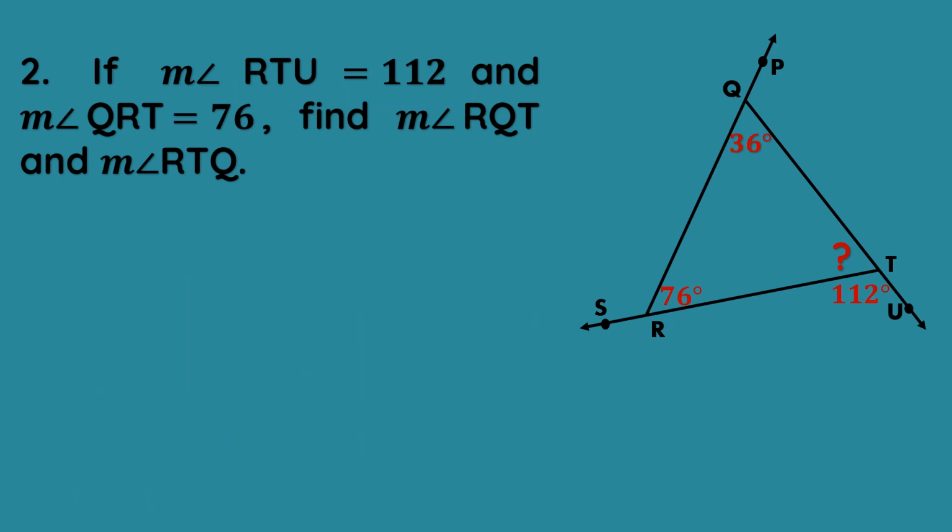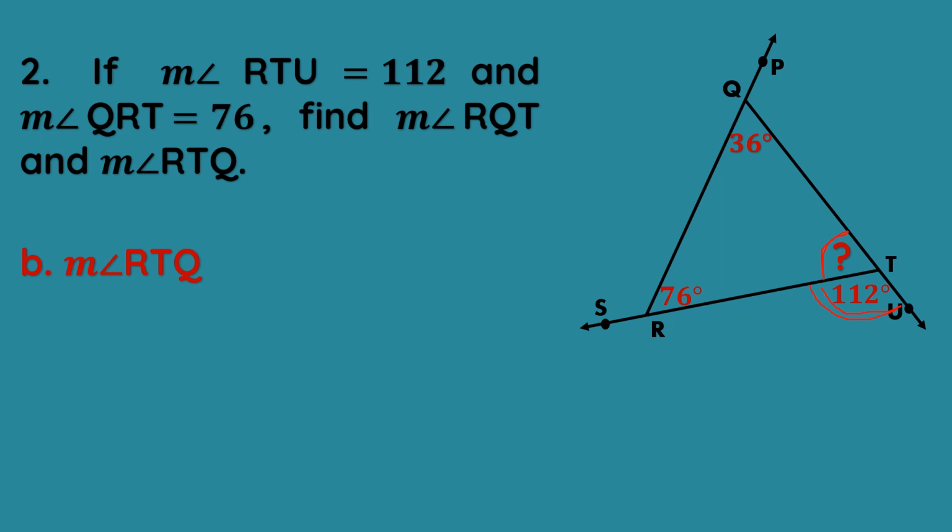We are now ready to solve for the measure of angle RTQ. Angle RTQ is an interior angle adjacent to the exterior angle, angle RTU. Angle RTQ and angle RTU form a linear pair. Since they form a linear pair, they are also supplementary.